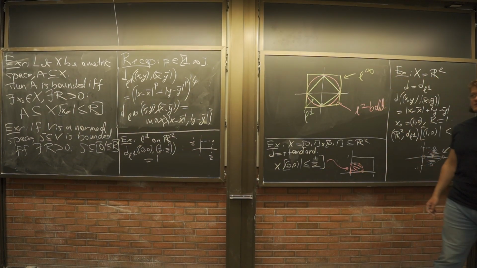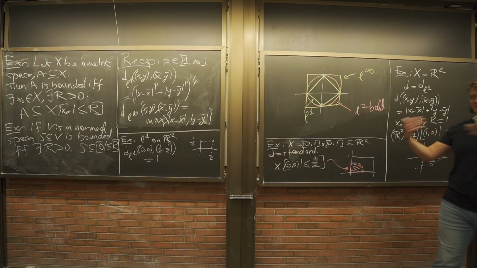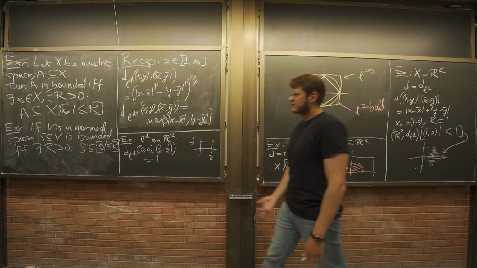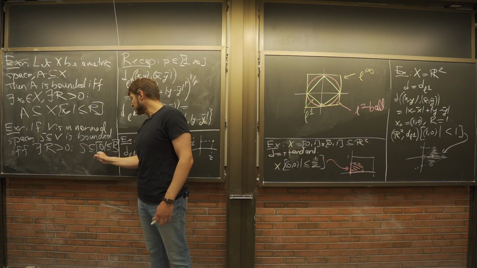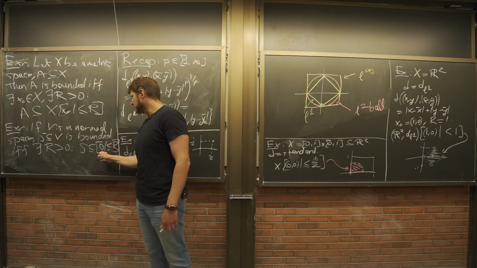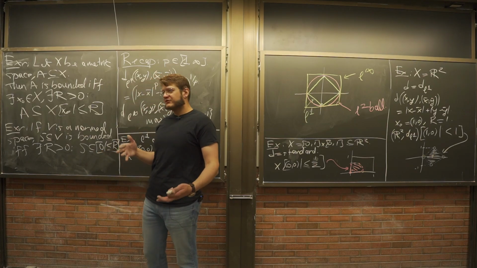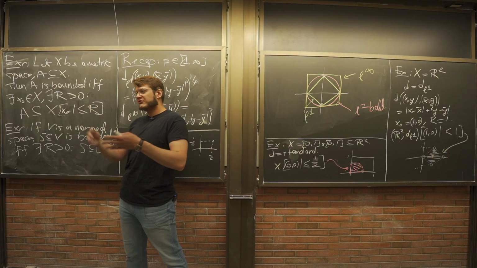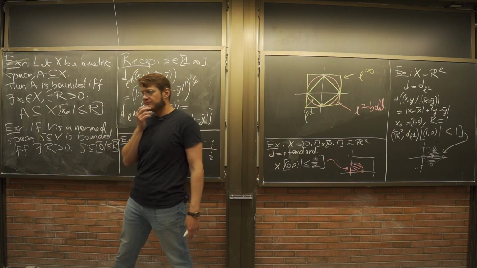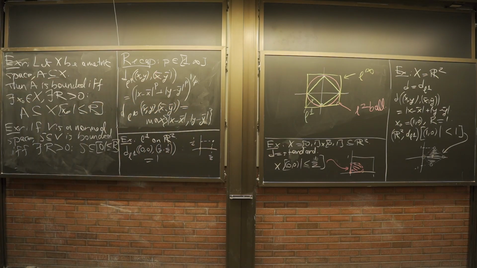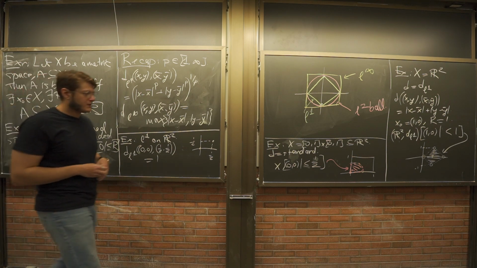And of course, these definitions trickle down to functions, sequences, whatever. And this is often the definition we use in 3210, for instance. We say a function is bounded if its absolute value is bounded by some number for any input value. You're using the fact that R itself is a normed space.